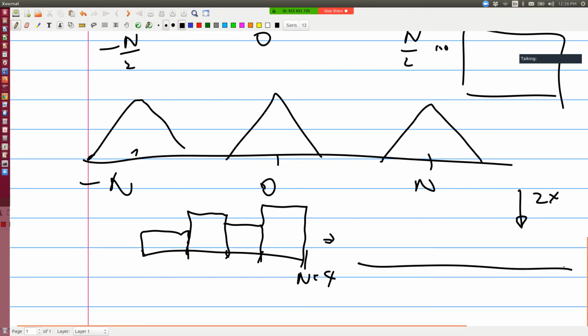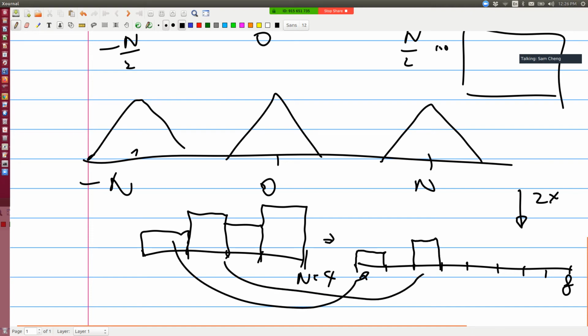So 2n is 8 now. I will just say maybe the first one put here, and then this one move to here, and this one move to here, and so on. And in between them, I will just set it to 0, let's say.